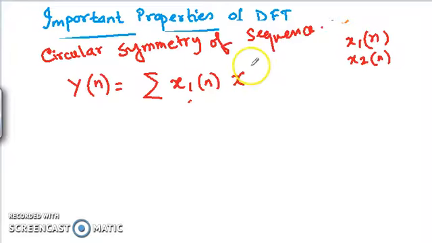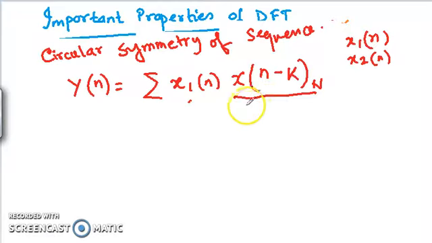That means if I want to shift it by k units, I will write x of n minus k, modulo N. That means you are actually going for a circular sequence shifting, shifting a periodic signal.